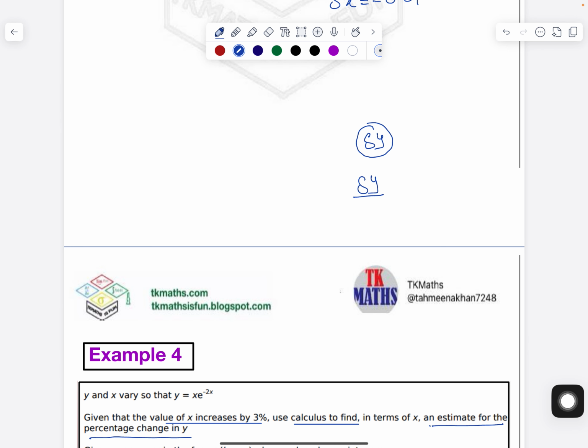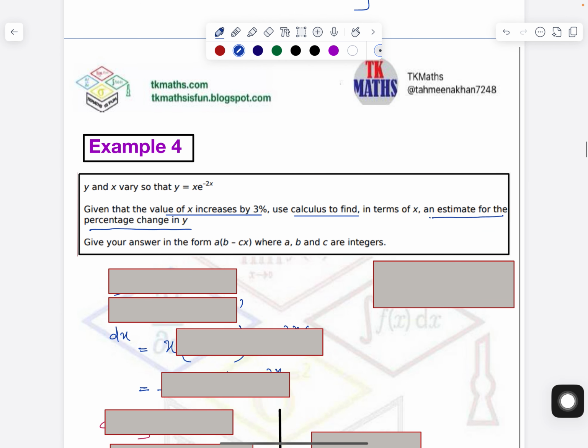The concept of percentage is change divided by the actual value of y times 100%. So this formula will give you the percentage change in y. So let's start seeing the solution slowly. You can pause the video and try it yourself. Don't forget, my final answer has to come in the form given in the question. We will focus on it later.